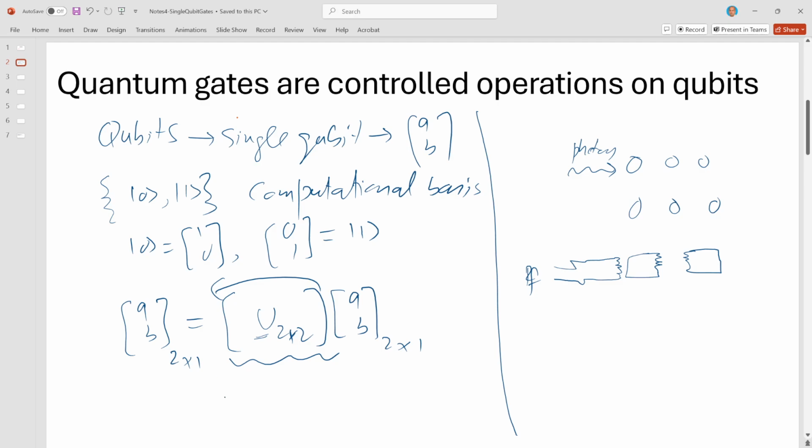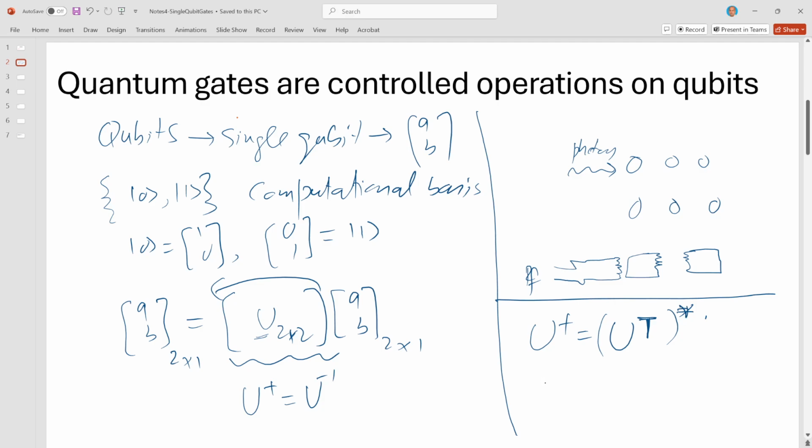And just to recall, a matrix is called unitary if its dagger is equal to its inverse. And just to recall again, the dagger means that you take the transpose and conjugate.